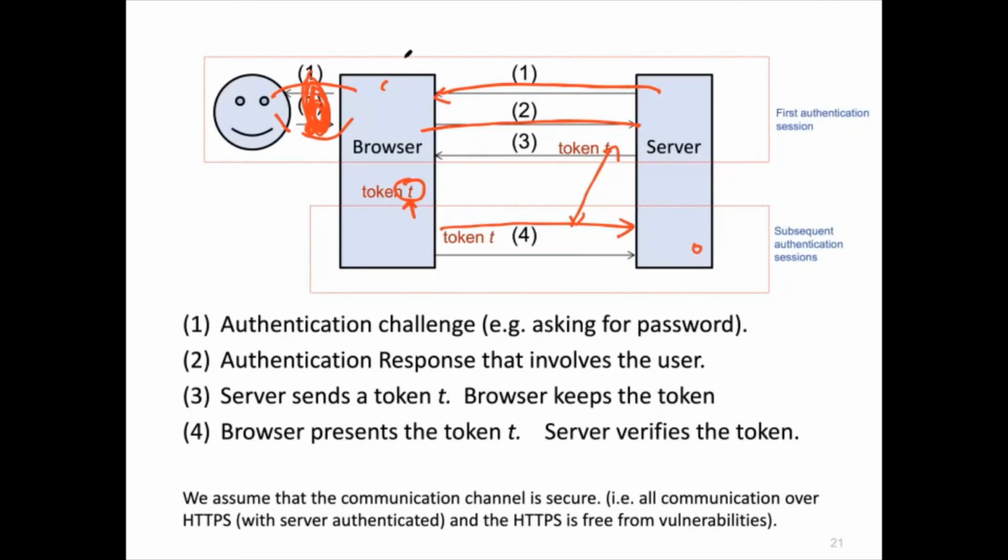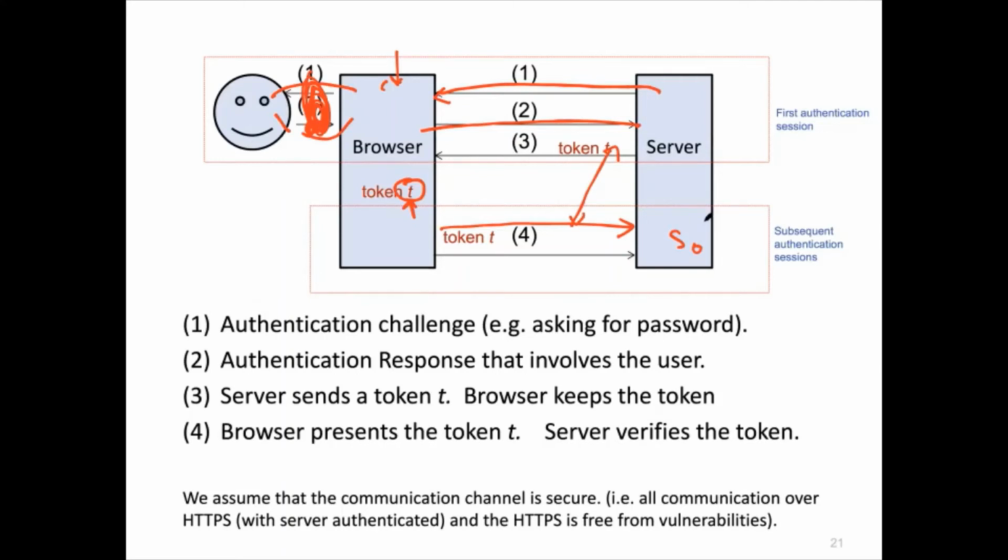The server verifies it is correct, and doesn't ask the user to key in the password for Facebook or Instagram. So this is very convenient. But of course, at this point you know that the token is very sensitive information.